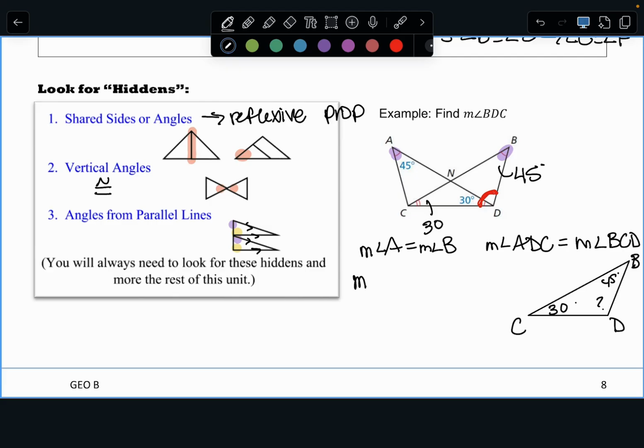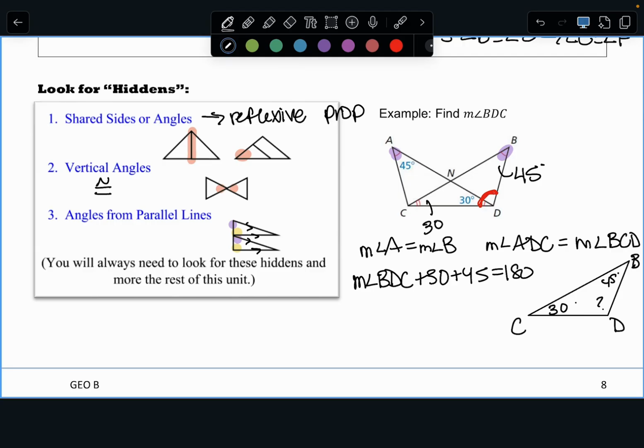So the measure of my unknown angle, BDC, my question mark, plus 30 plus 45 must be 180. Just leave it at the size that it's at. If we solve this, we would get 75 over here.